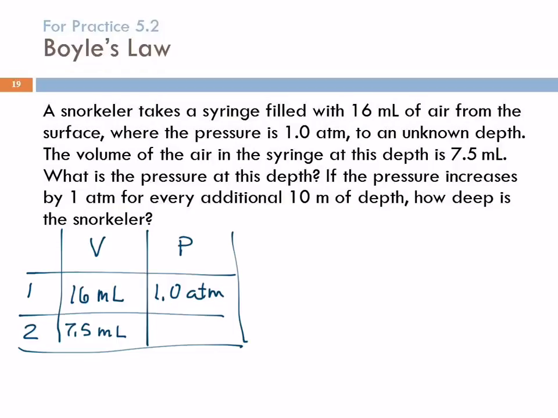And now there's 1 empty square in my table. That's what we're solving for. And the question is, what is the pressure at this depth? So this is what I'm trying to find, that P. I'm going to call that P2 because it's pressure at the second set of conditions.